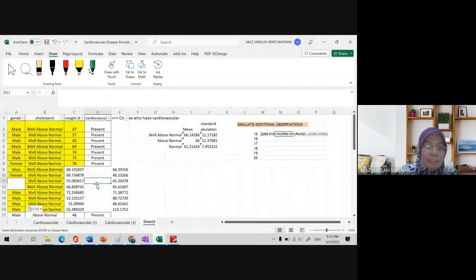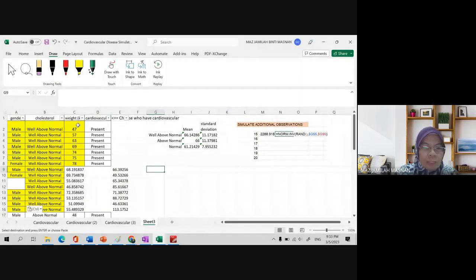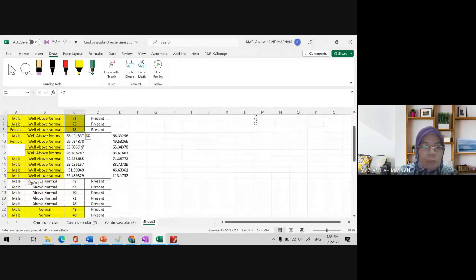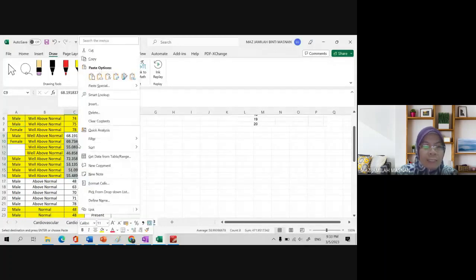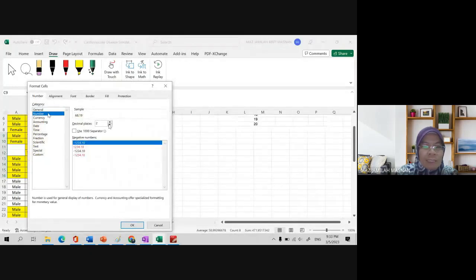So class, do you have any questions for the first generated value here? Later you see your weight is all whole numbers, right? If you want to put them as whole numbers, you can highlight, double click, format cell number, and then put 0 decimal points.